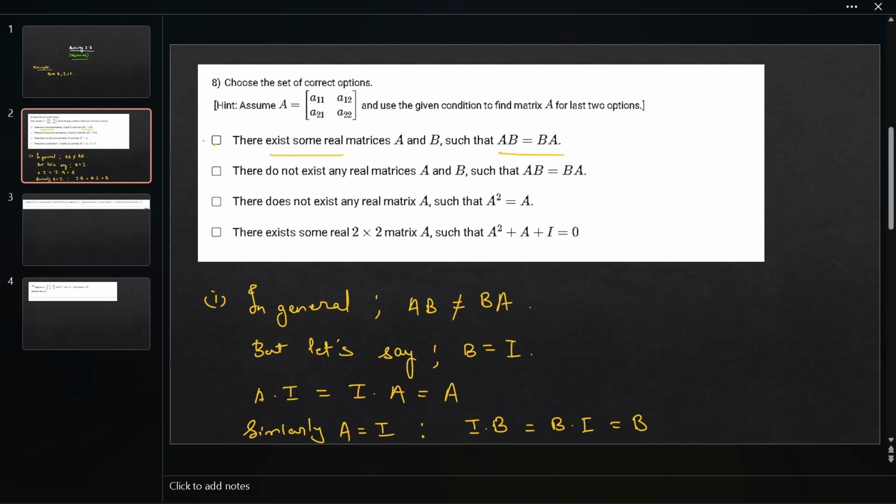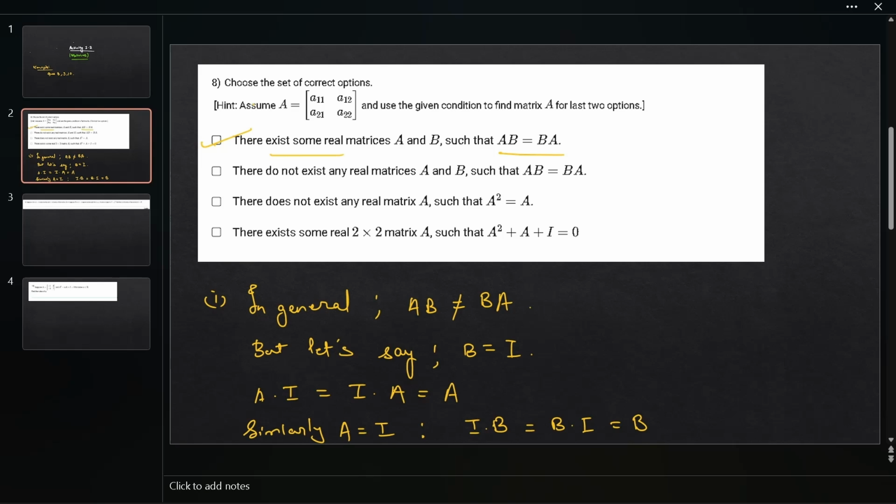Even if you do not take A equal to I or B equal to I, and take some other values of A and B, you will get AB equal to BA in some of the examples, right? So it is not a hardline rule that every time AB is not equal to BA.